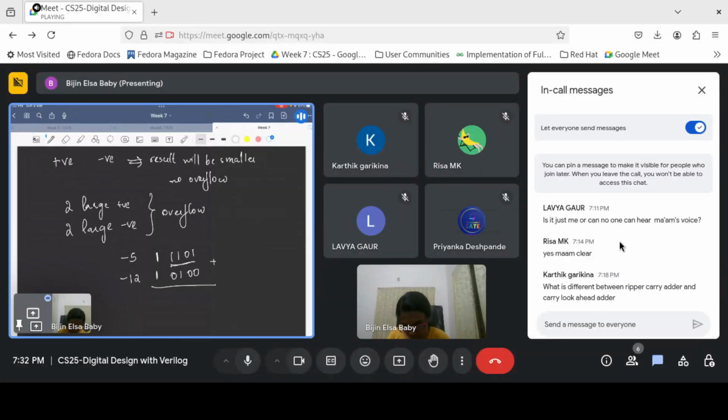So when you add, okay, this one is 1, 0, 1.